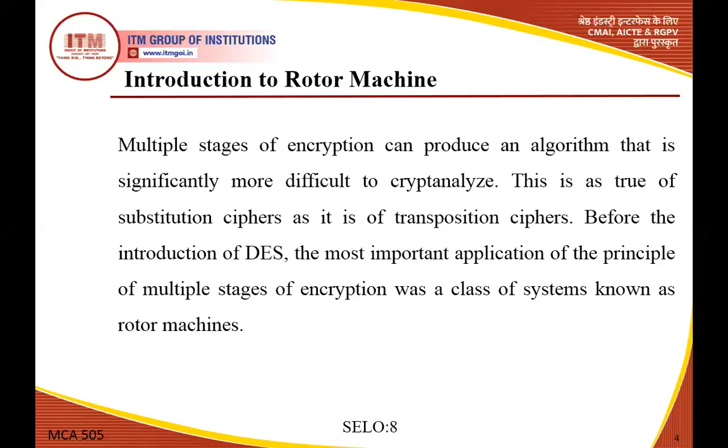By this technique, they transferred their messages to other people so that the enemy could not decrypt them. Basically, these techniques were used before or in between the Second World War.